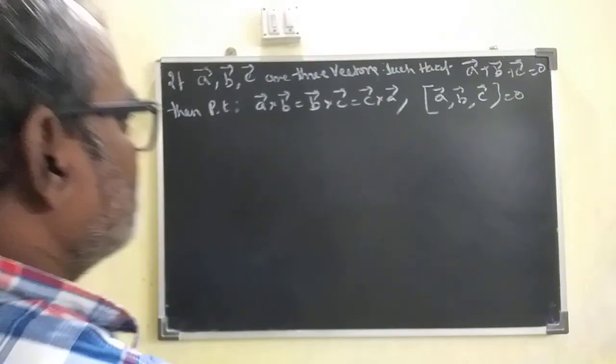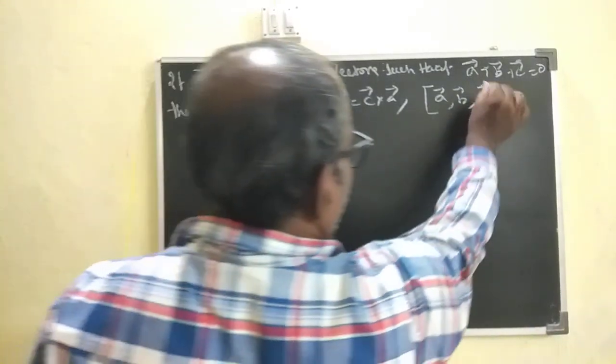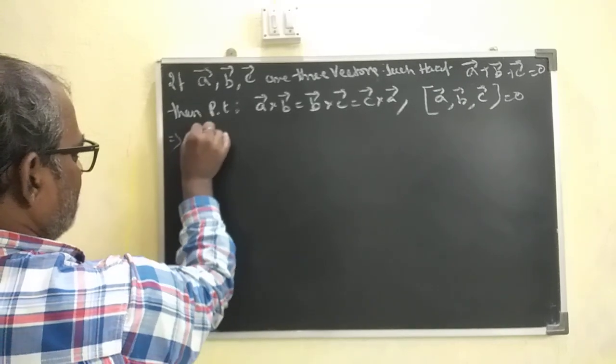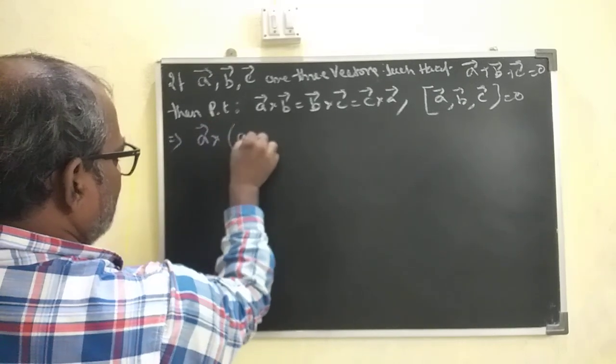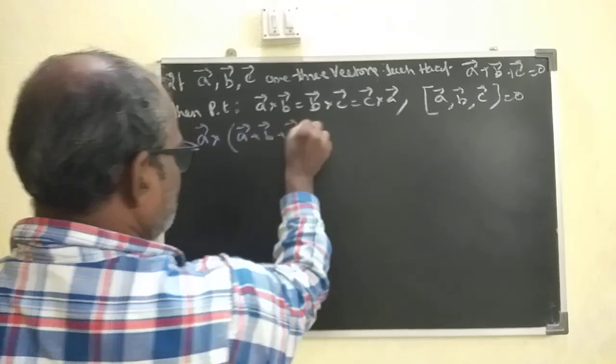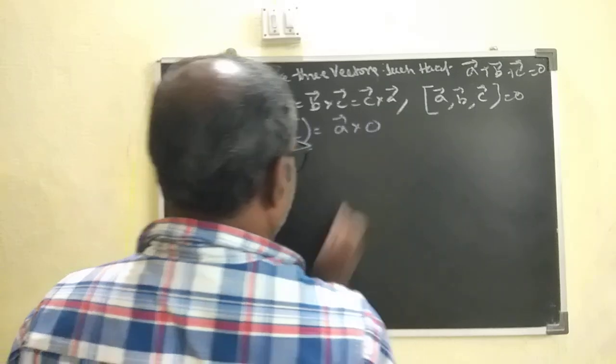This is one more important question which has been repeated many times. So we have given this. So from that we can write down that cross A vector plus B vector plus C vector equals A vector cross 0.